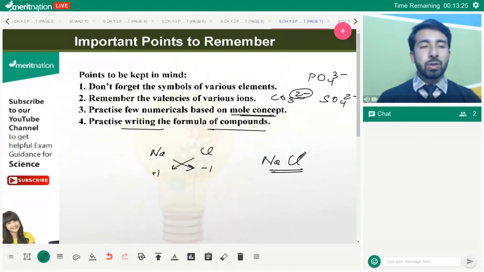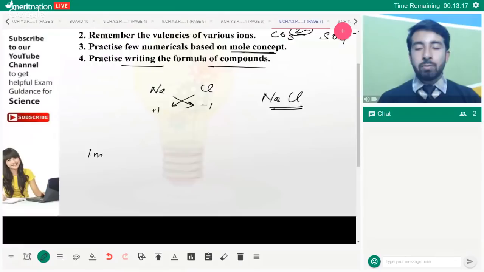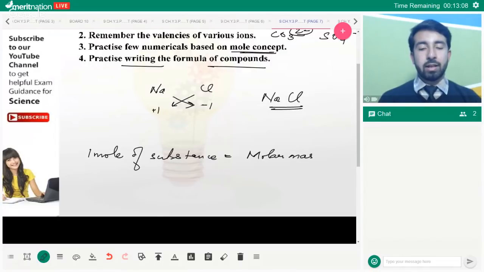What is the relationship between mole, Avogadro number, and mass? Mole is the link between the Avogadro number and the mass. See, 1 mole of a substance is equal to its molar mass, and this is also equal to Na particles.